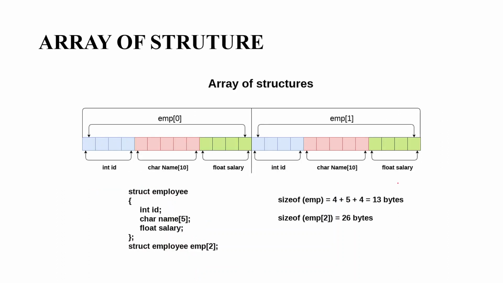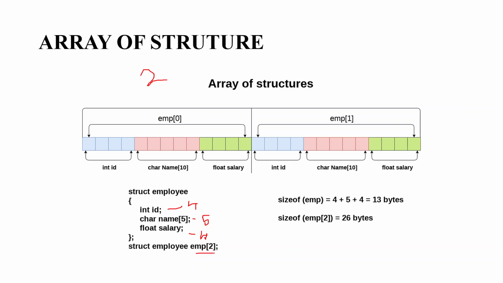Now let's see what the memory allocation is for this array of structure. If I am going to store 2 employees' data, for 1 employee we have int id, name, salary. So these 3 members we are going to access for 1 employee. Correct? So how many bytes will be allocated for 1 employee? 4 plus 5 plus 4, so 13 bytes will be allocated for 1 employee.